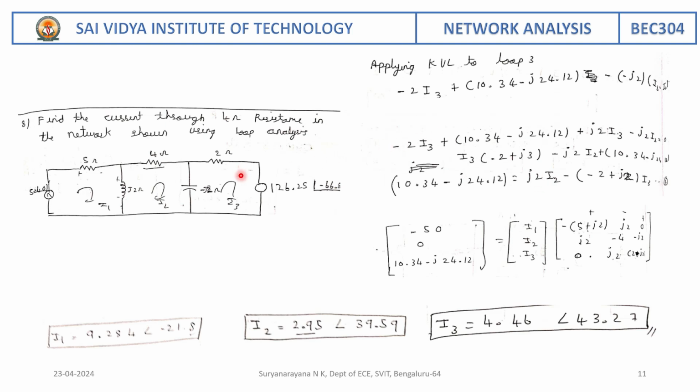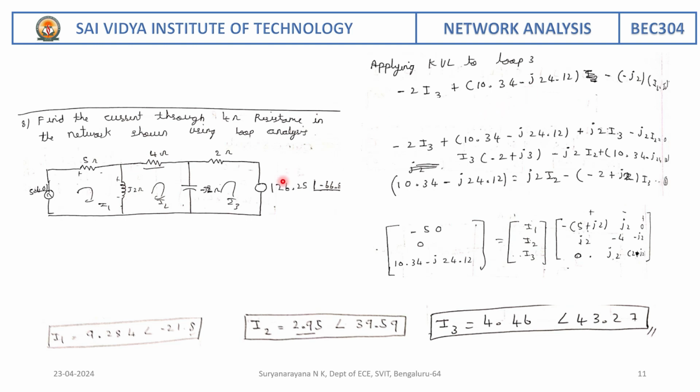So now applying KVL to loop 3, here we have a polar representation. So let us convert this polar representation 26.25 at minus 66.8 degree into rectangular using the calculator.